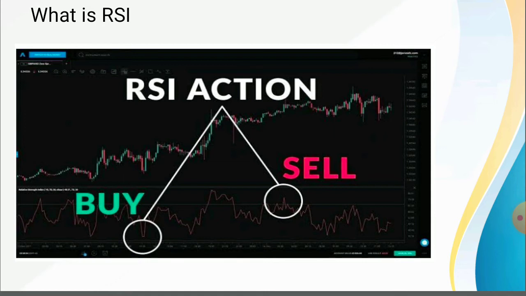The full form of RSI is Relative Strength Index. It's not the price or any pattern, it's an index which tells you the strength of the upside and downside both. Before we understand how to use it, let's see how to add the RSI indicator in Zerodha.